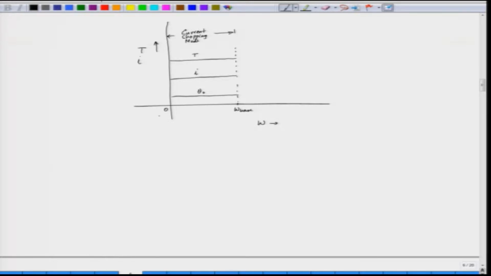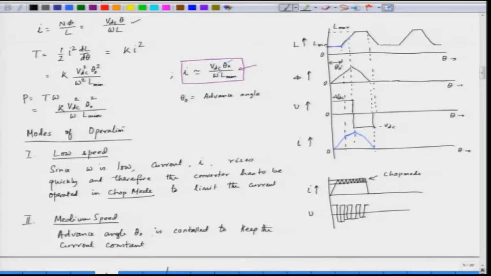And after that we increase theta naught, the advance angle is gradually increased to keep the current constant. So, if we are increasing the advance angle to keep the current constant, what we get here is that I is kept constant here.